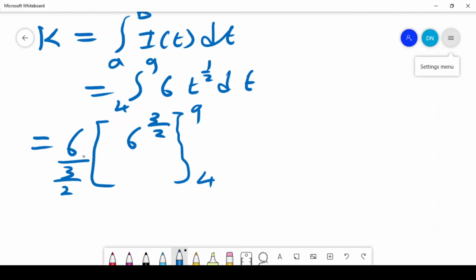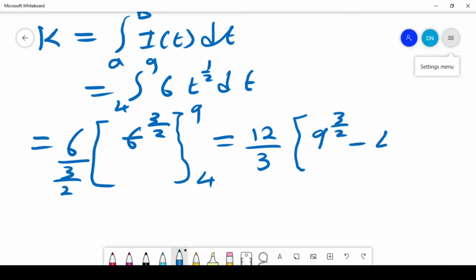So 6 over 3 over 2 is 6 divided by 3 over 2, so it is 12 over 3. This is t, not 6. So it will be 9 raised to 3 over 2 minus 4 raised to power 3 over 2.